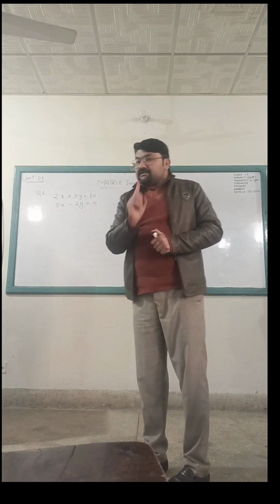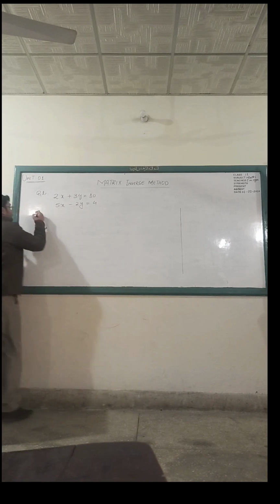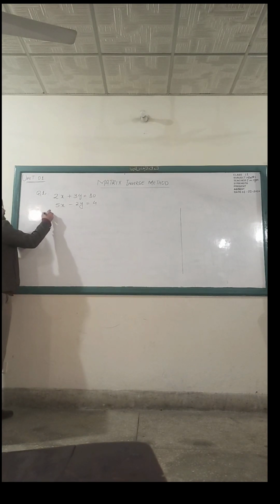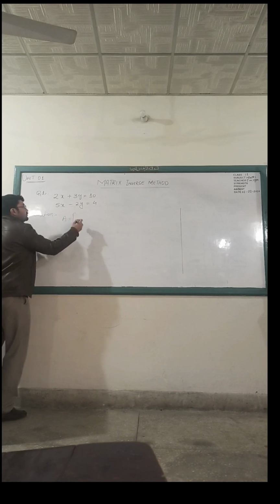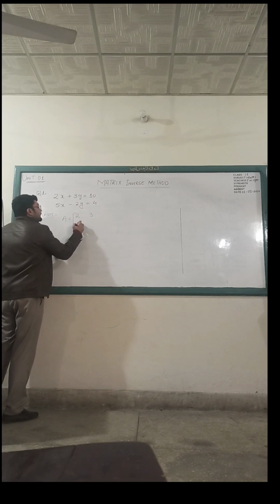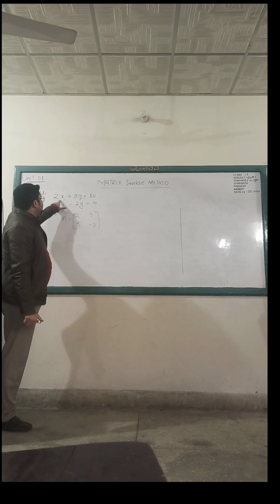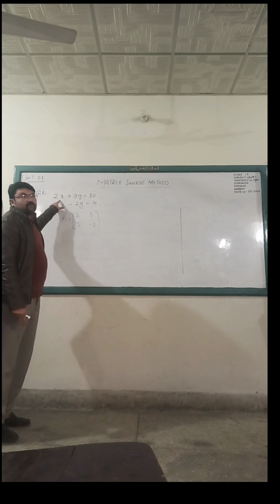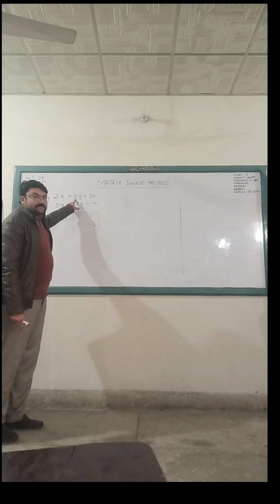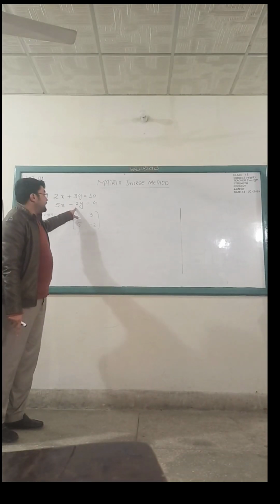For that purpose, first of all, we will take a matrix. Matrix A is equal to 2, 3, 5, minus 2. Here the coefficient of x in the first term is 2, the next coefficient is 3, the next is 5, and the last is minus 2.